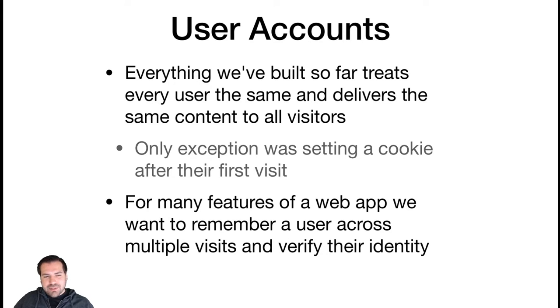Someone says something you don't like, you go into the JavaScript console, you say username equals the username of the person you don't like, and then you start spamming stupid things in their name. There's no form of authentication in that. No security, no privacy, nothing. I guess there was privacy because nobody knew who you were, but no real security. Everything was just out in the open. So this is what we want.